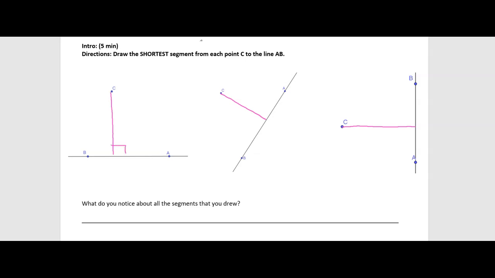They all seem to form right angles with line AB. So they are all perpendicular to line AB.